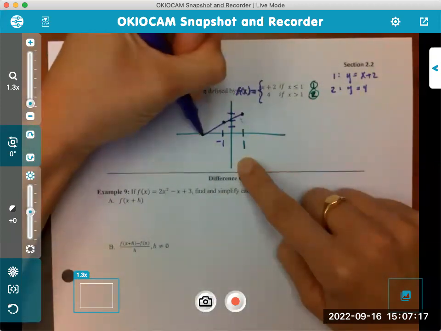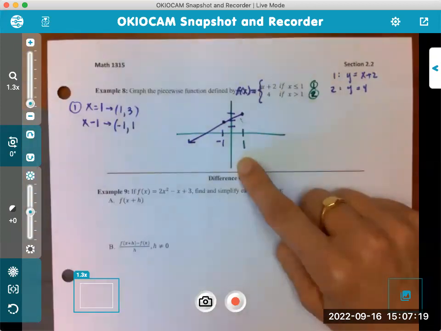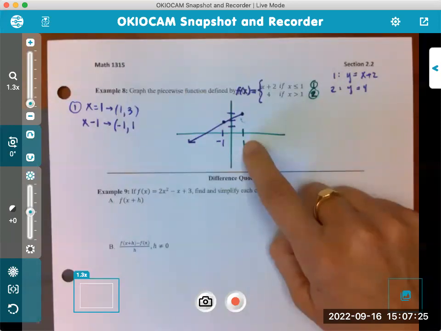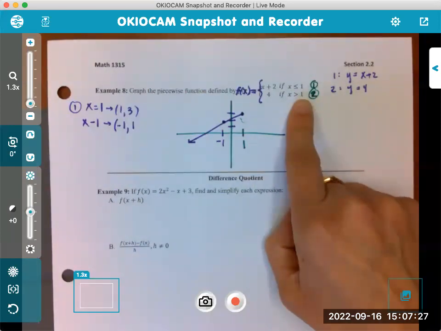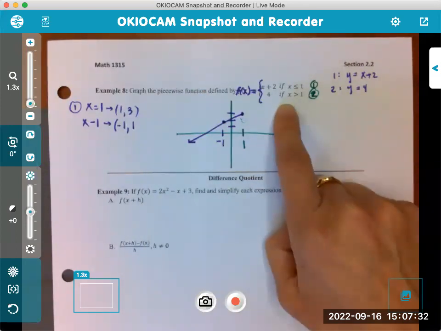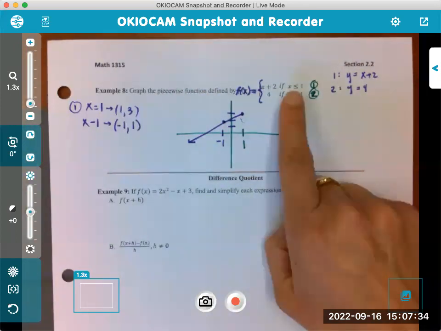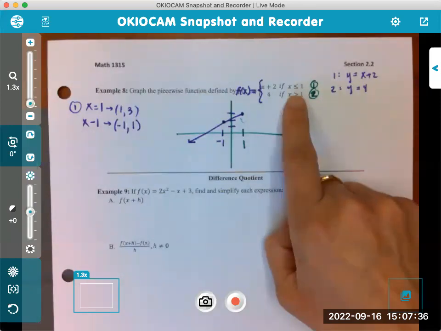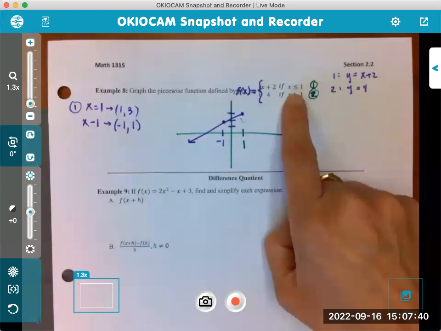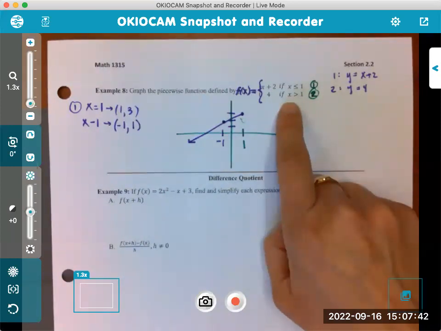And then I'm only going to let my arrow go to the left. Again, because remember, we have a totally different rule to the right of 1, right? Because that's what it says. We have our left piece and our right piece. We know it splits off because that's what the rule says. X is less than or equal to 1. X is greater than 1.